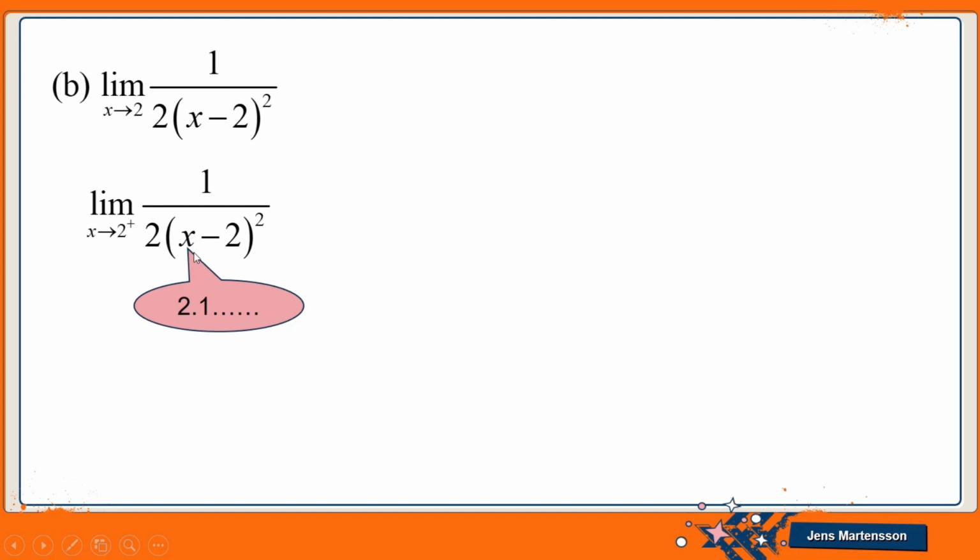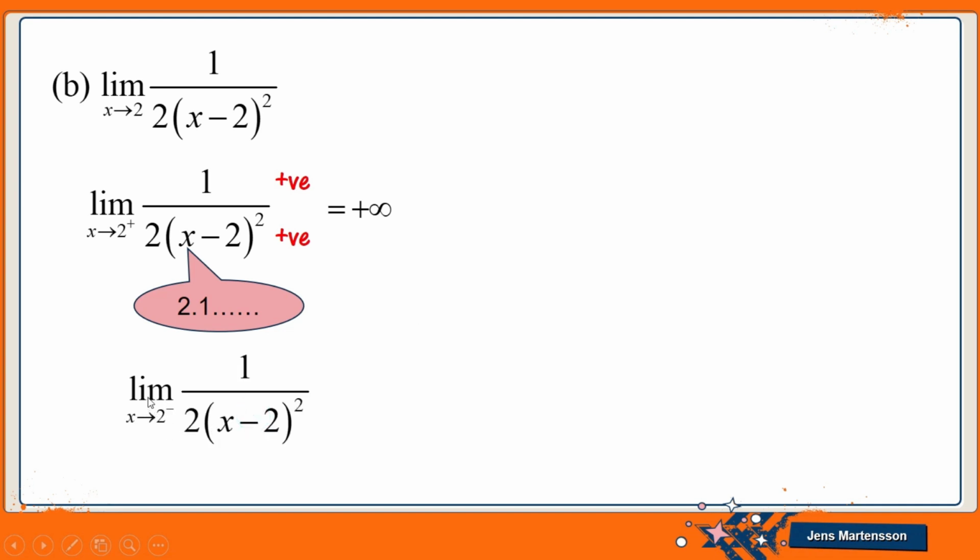We get 2.1 minus 2 is 0.1. 0.1 is positive. Positive squared, we get positive as an answer, and positive times 2 is positive. So for the denominator, the answer is positive, and 1 is positive, so the answer is positive infinity.